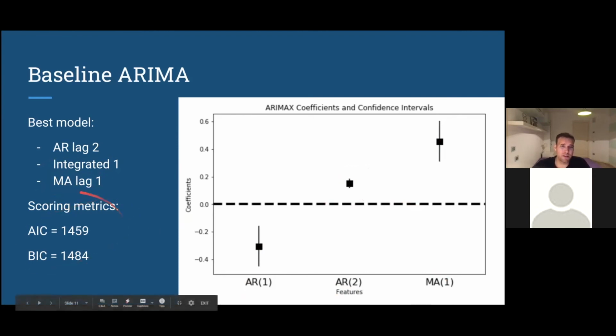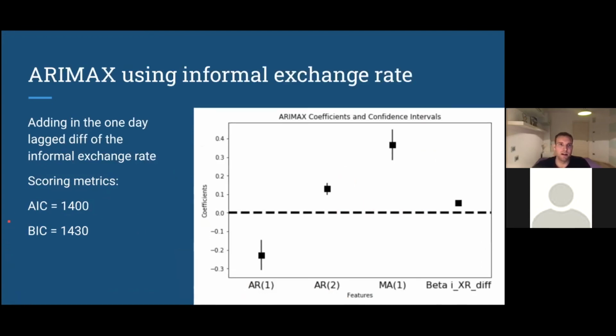Down here, you have scoring metrics of AIC and BIC, and you can compare those to the next model, called the ARIMAX model, which adds a 4th feature, the informal exchange rate that I was talking about before. The informal exchange rate also has a non-zero coefficient, and its confidence interval is not touching 0, so it is statistically significant signal as well.